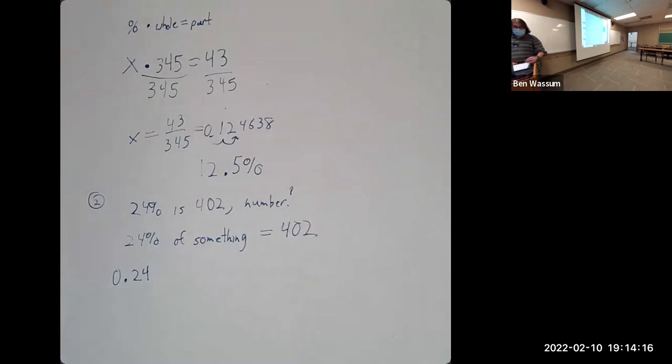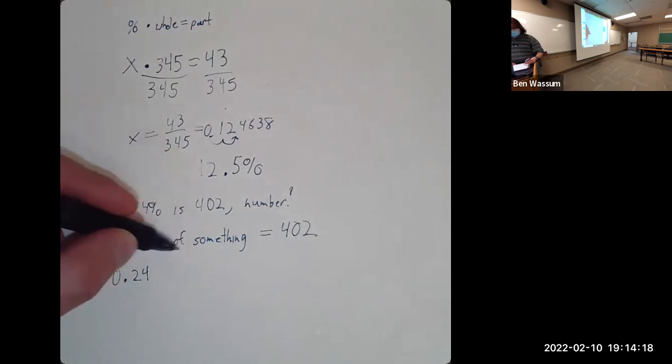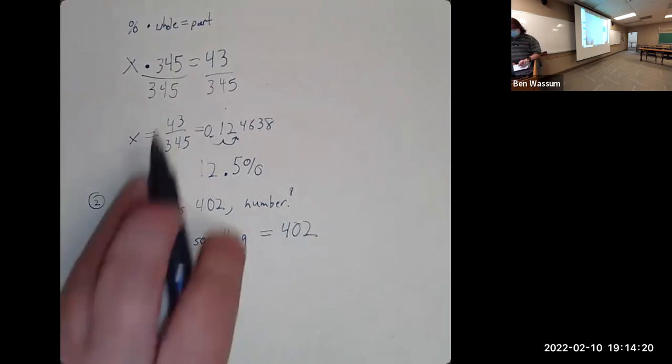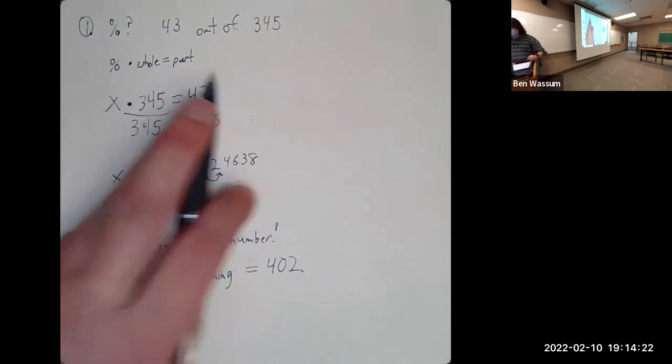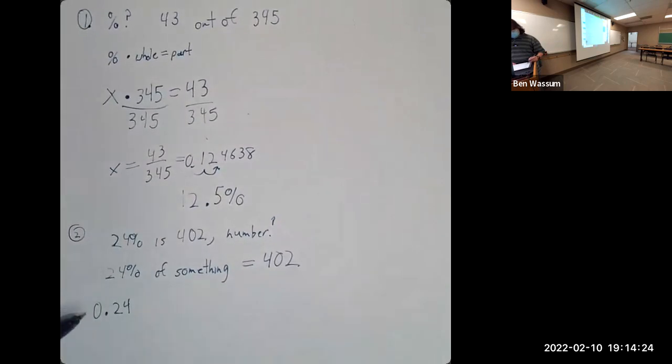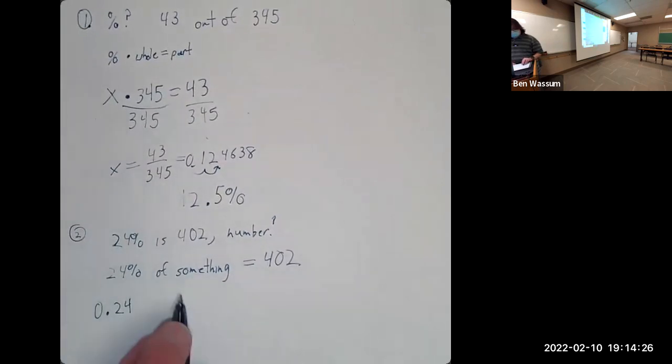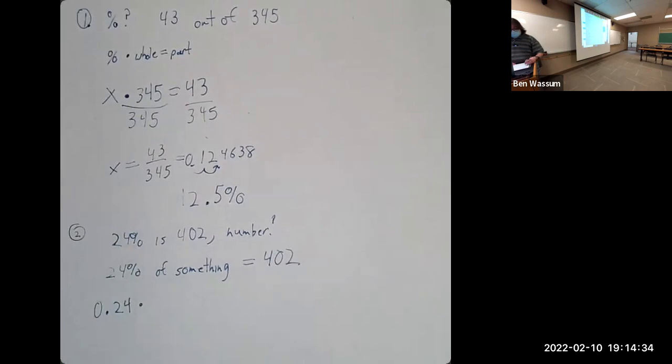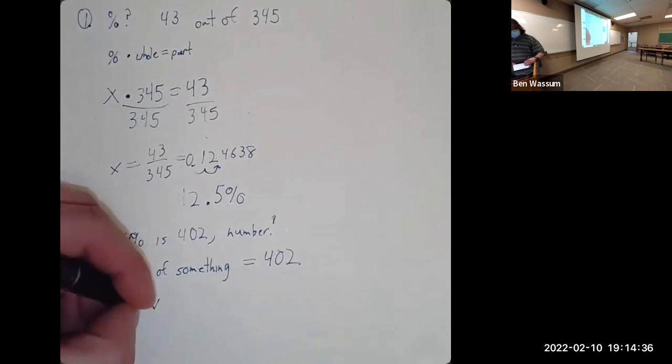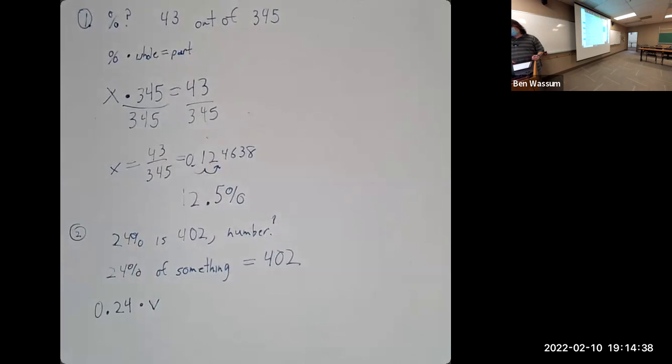So 24% of something, well, that would be the same as multiplying, right? We're going to end up multiplying, same as our formula up here. So the question is, what do we call it? Doesn't matter. I could have an S, I could have an X. Let's do a V. Nobody does V, right?